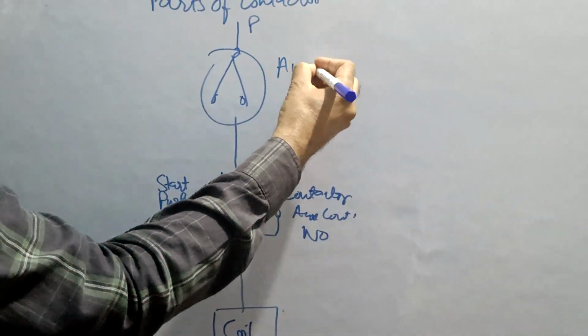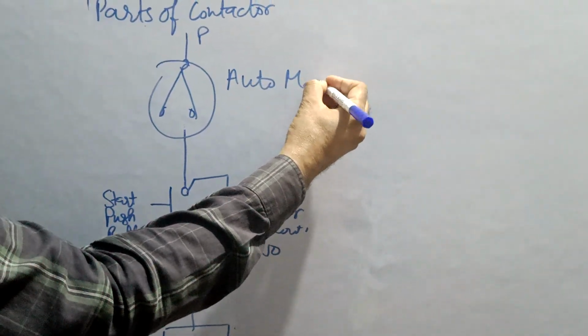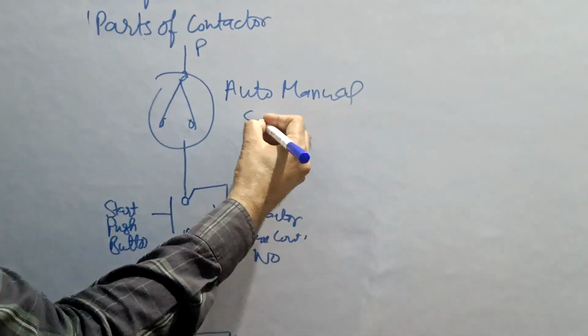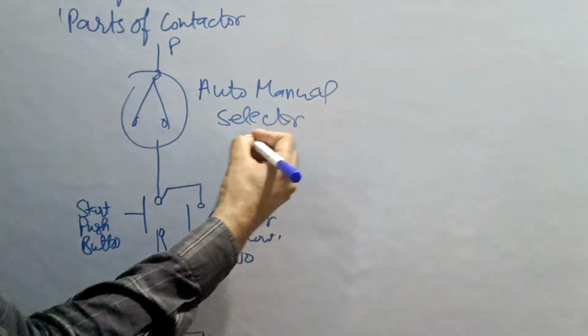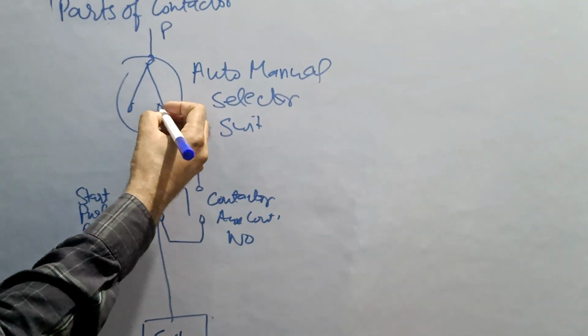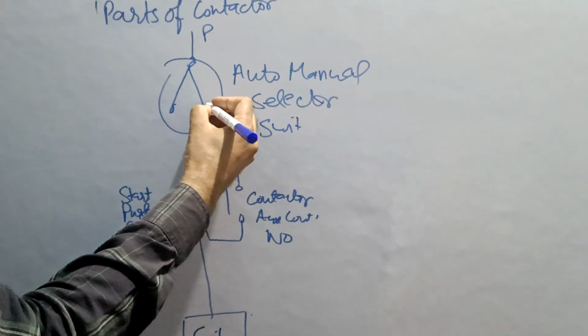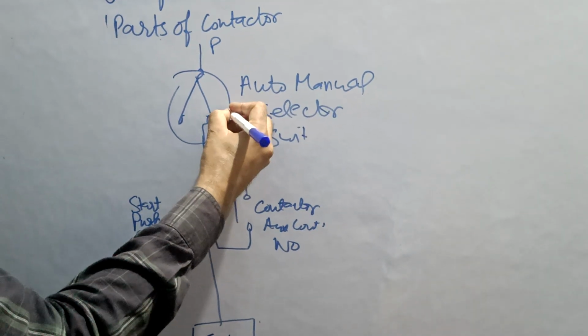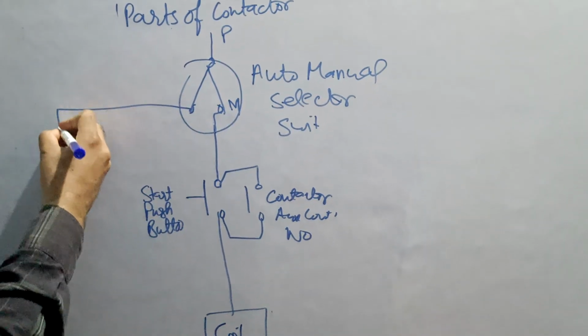This is auto manual selector switch. I have already explained the manual mode. Now I am going on the auto mode of starter.